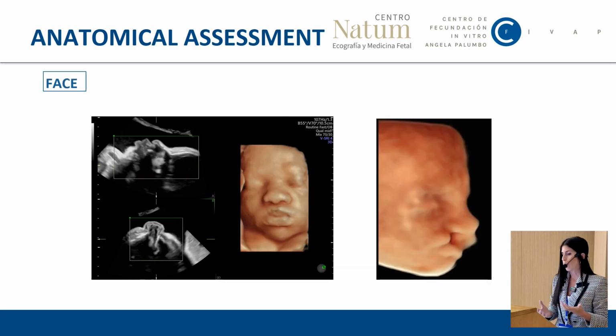We can assess, of course, the face with this surface mode. We can show a normal developing face, but also abnormalities like a cleft lip. This helps the families to see how the baby will look after the baby is born. That will help them to create a spatio-temporal image of what the malformation is.